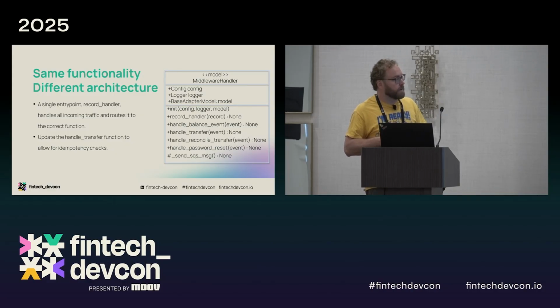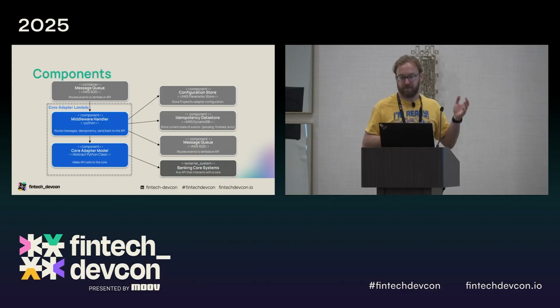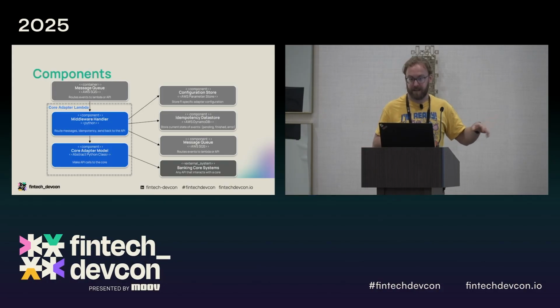In the handle transfer function, it gets the event, and the first thing it does is check whether that's in our idempotency database. If it's not there, it just runs through and tries to transact. The idempotency database is also a status database, like is it pending, did it error, whatnot.